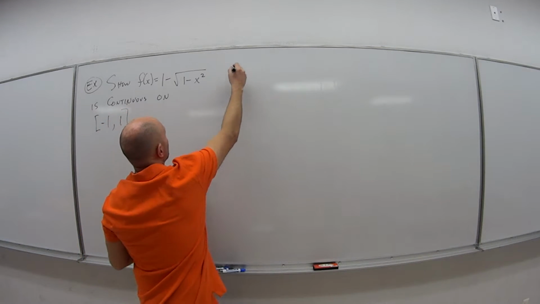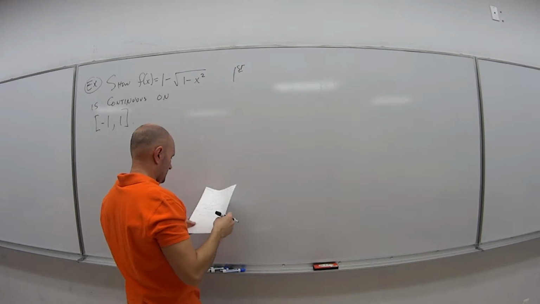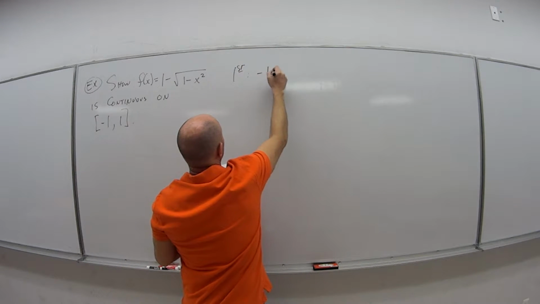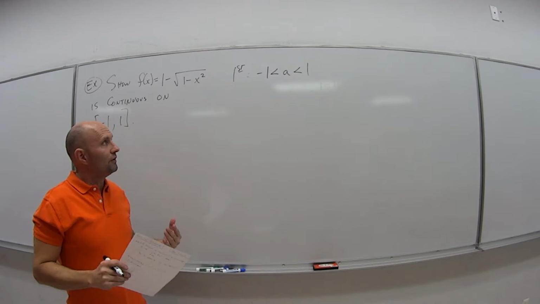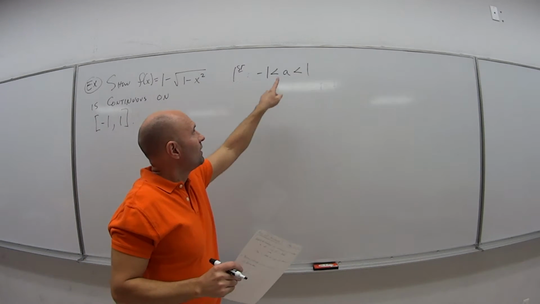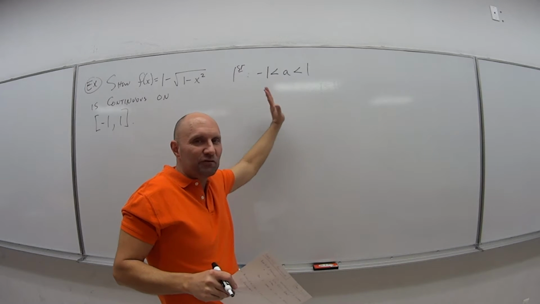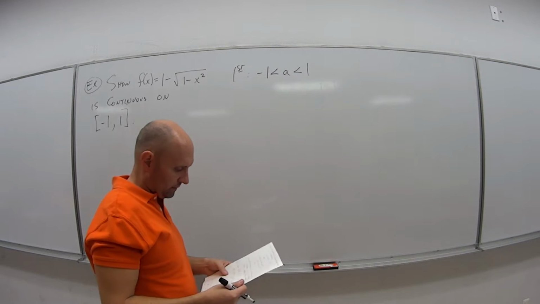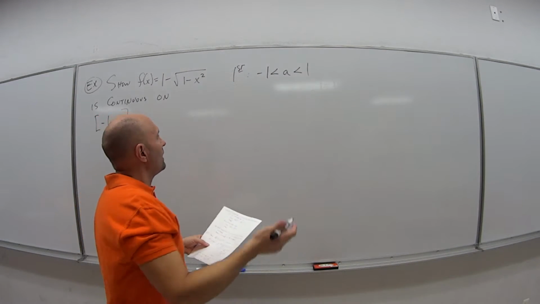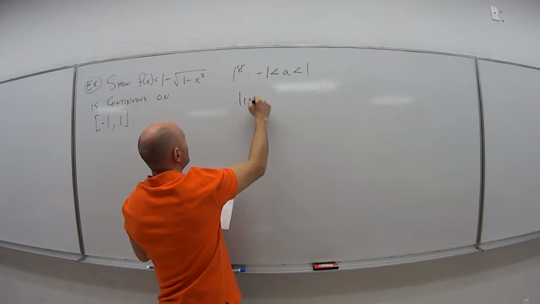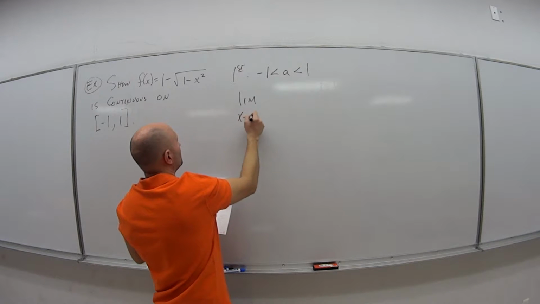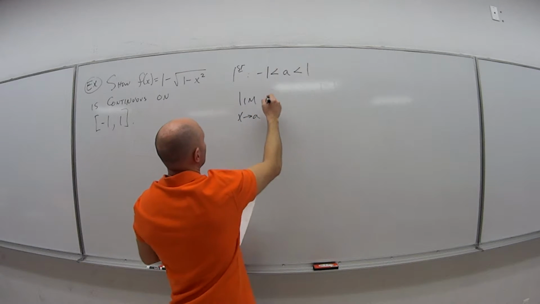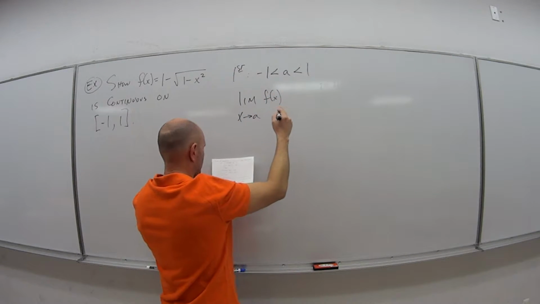So first, let's look at -1 to +1. So again, if this thing is continuous on the interval, whatever number a we pick, it has to be continuous at that point. So that means what? That means that the limit, if we go back to definition 1, as x approaches a of the function.